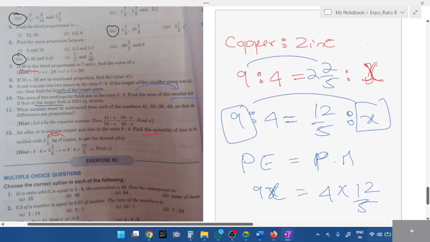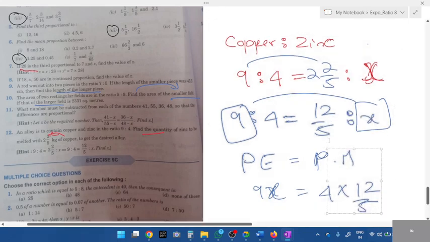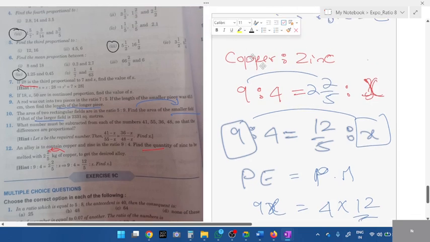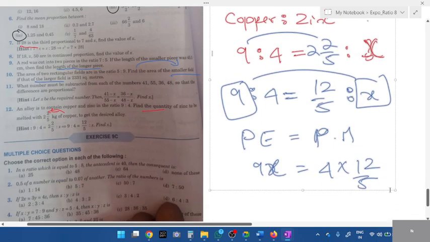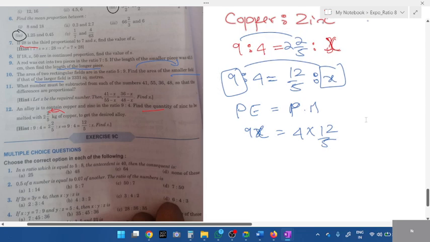Okay, what happens to 9, students? If you want to find the value of X, what happens to 9? 9 will get divided. Very good. 9 gets divided. Complete the answer.